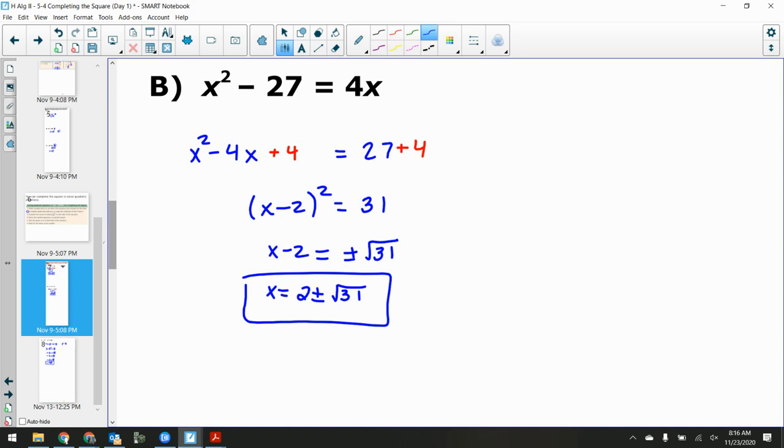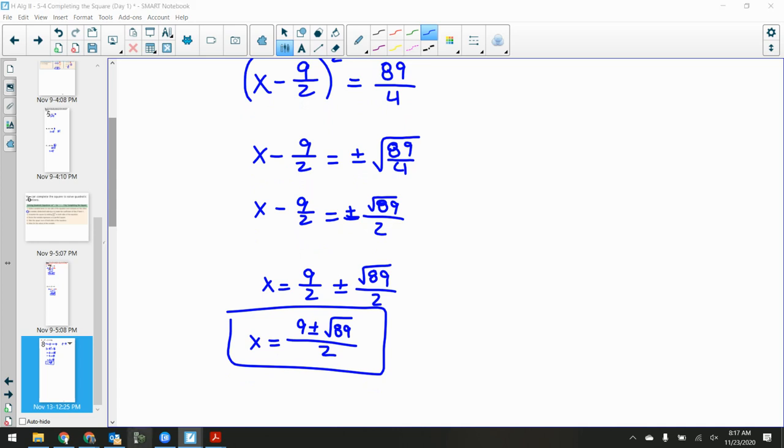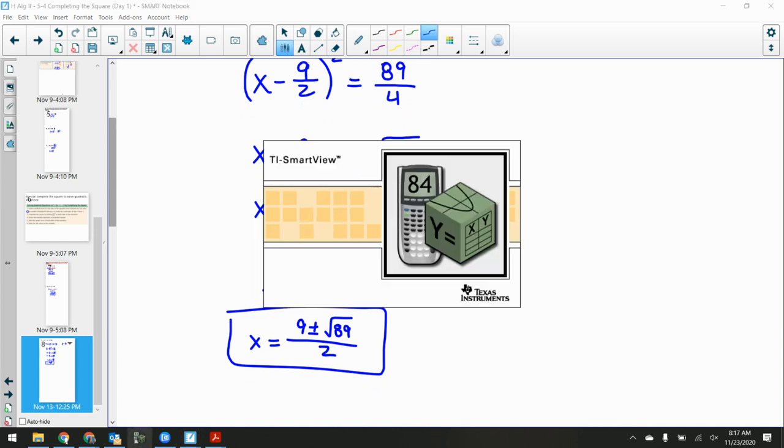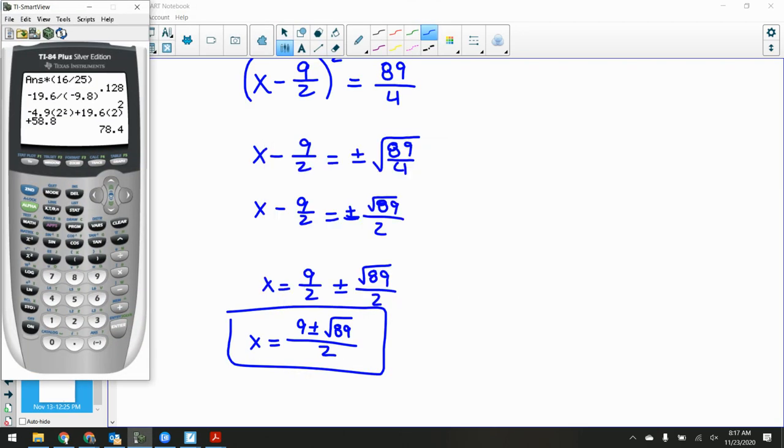It doesn't tell me that it doesn't have x-intercepts. It still has x-intercepts. If I actually wanted to figure out where this would cross the x-axis, sure, let's take 9 plus the square root of 89 over 2, and then 9 minus the square root of 89 over 2. 9 plus the square root of 89 divided by 2.